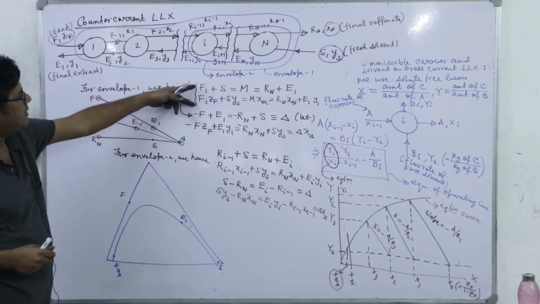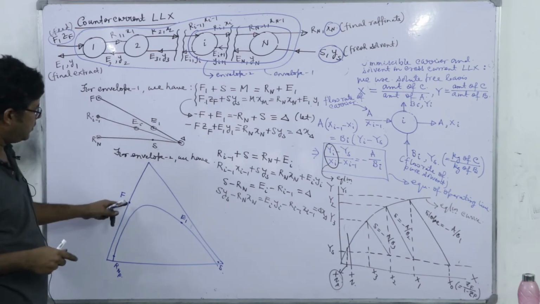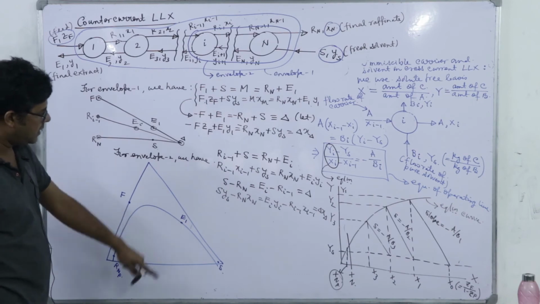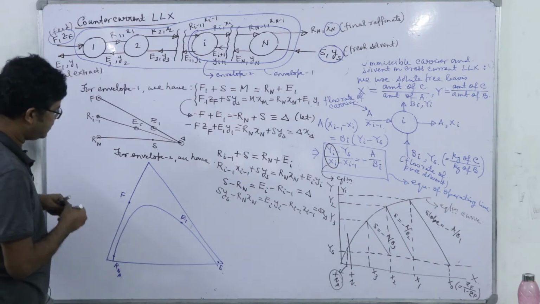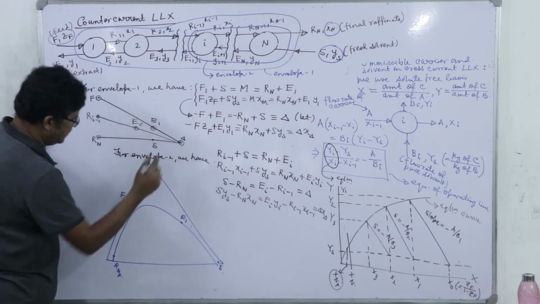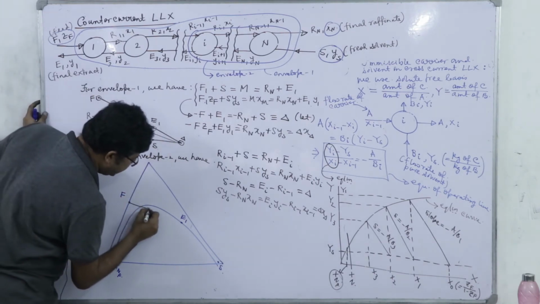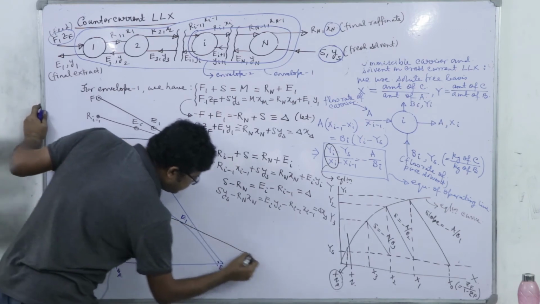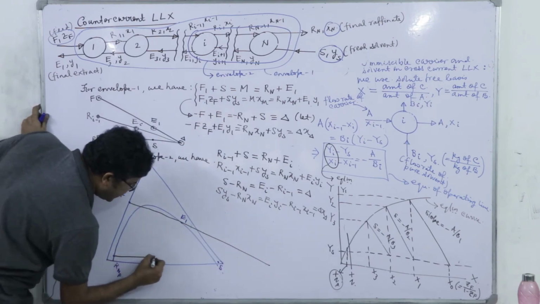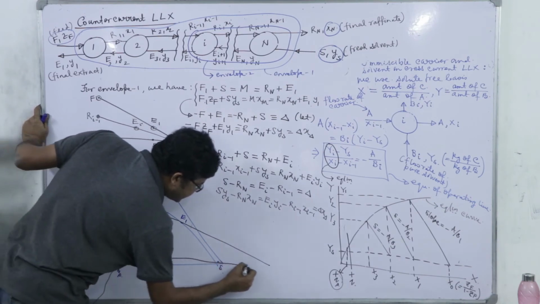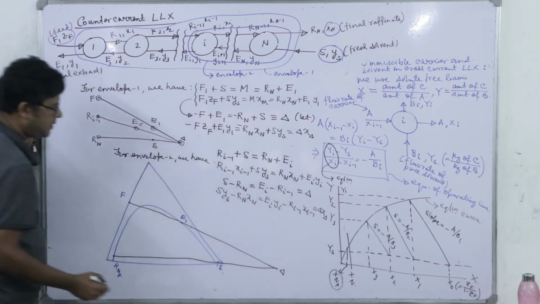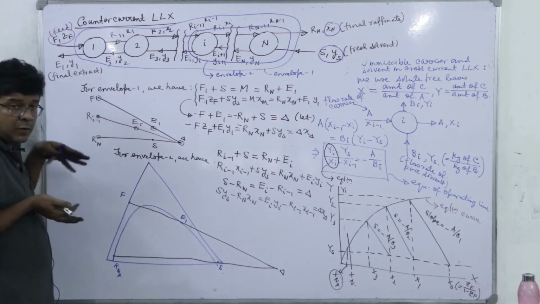So from there, by using the overall material balance, we can locate F, RNP, E1, and S. So with that, if I now join F and E1 and extend, and here I join RNP and S and extend, I will get the delta point. Right. So that is the overall envelope.